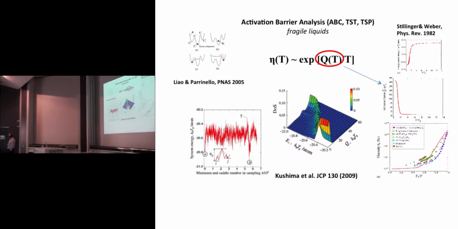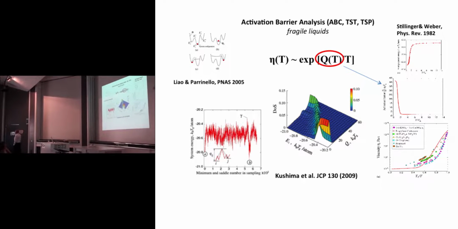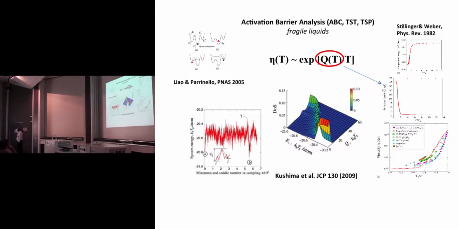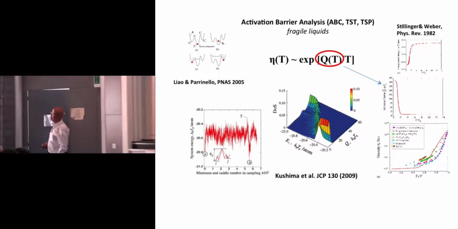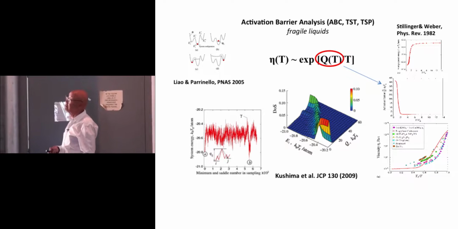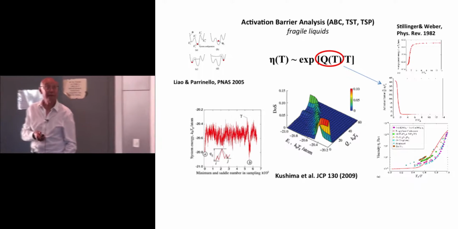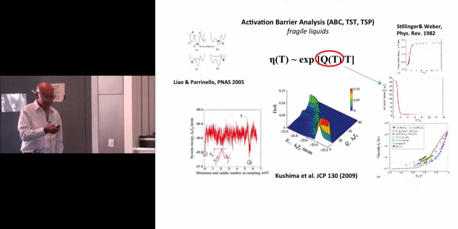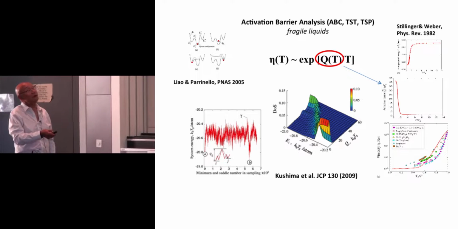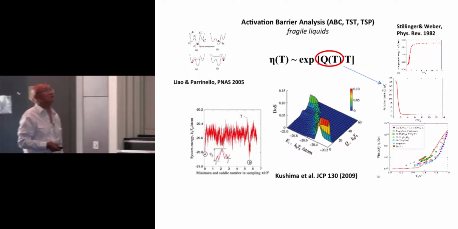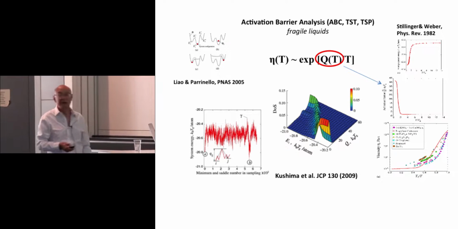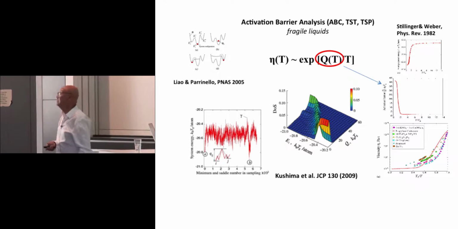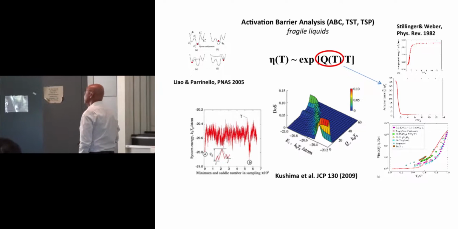And you should expect that the viscosity goes over 10, 15 orders of magnitude. Q of T doesn't have to do much because you're in the exponent. So that takes a lot of the variation out already. Okay. So having said that, let me now bypass how we actually do this. There is a method due originally to Laio and Parrinello called metadynamics, which is a way of sampling free energy landscapes.